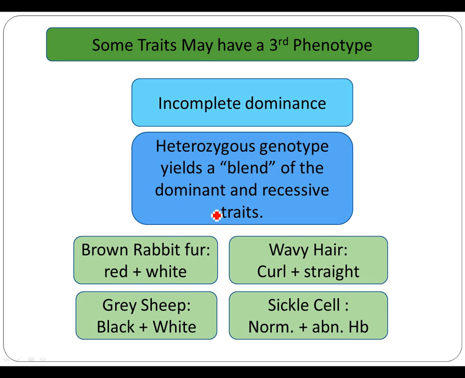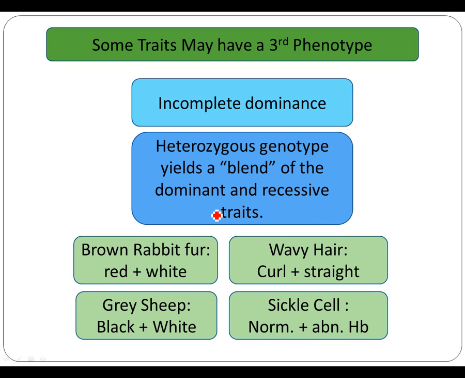And the examples are red. One of the other parents was white, so homozygous white.